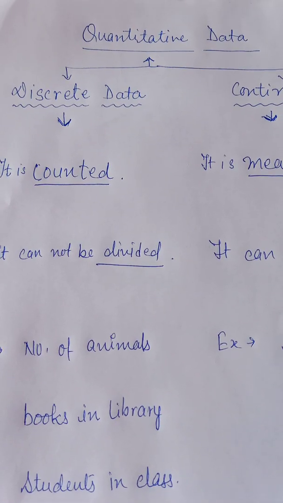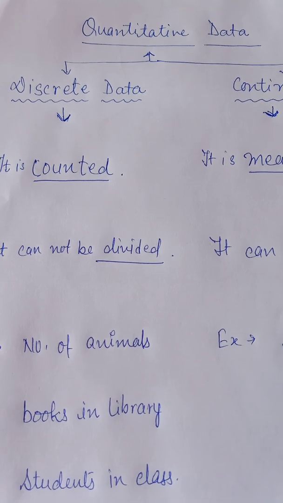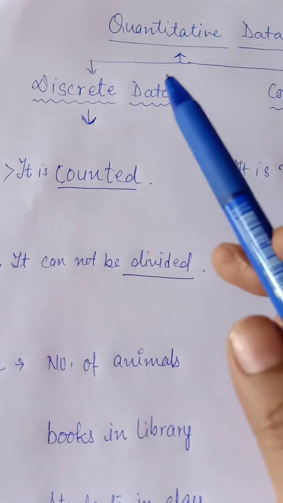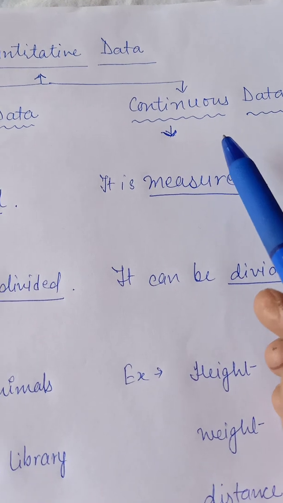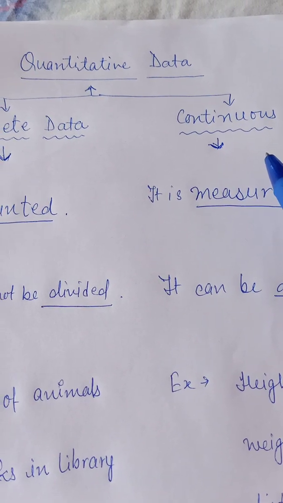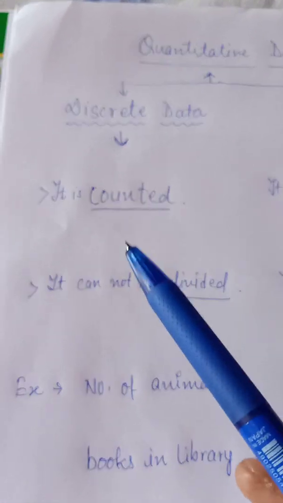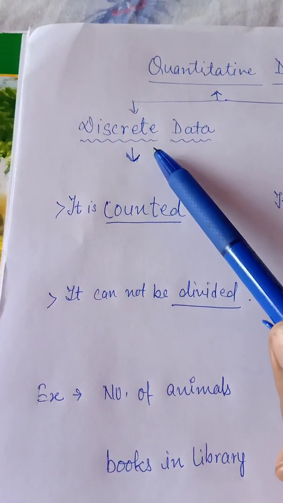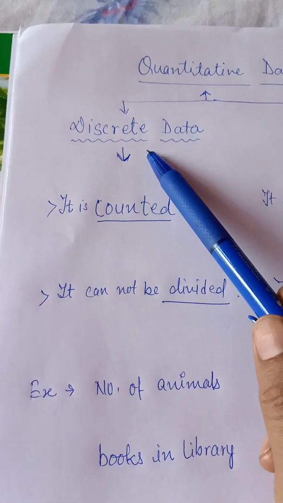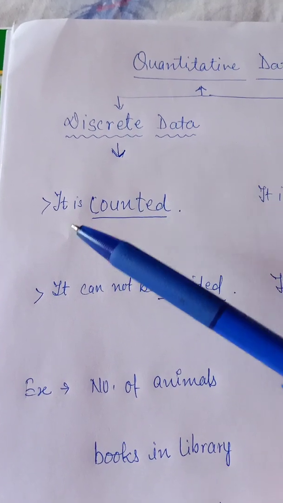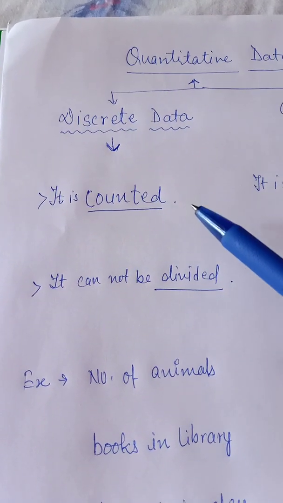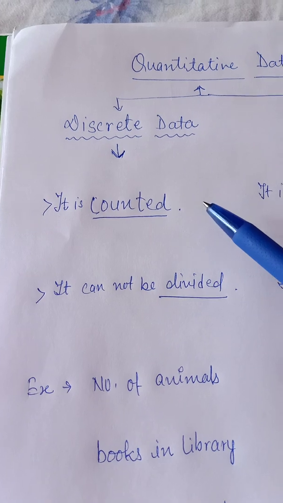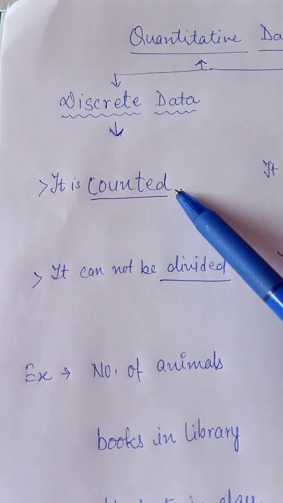Today we will focus on some basic differences between discrete data and continuous data. See, the term discrete means distinct, separate or disconnected. So we can say that this type of data relies on counting.